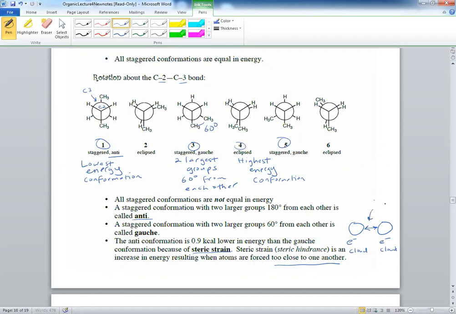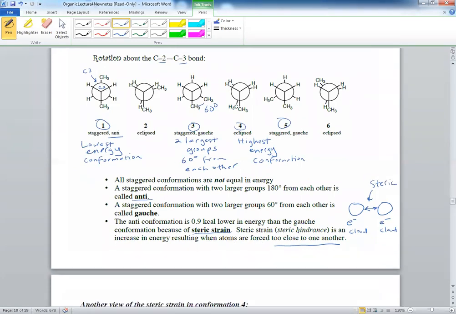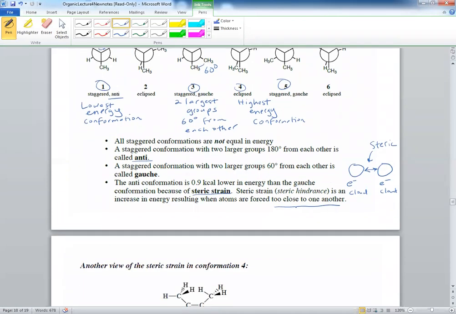This is steric. Now, this language is very important. Steric will be used all the time in this class. Sterically hindered, or steric strain, etc. So that's, again, what's happening in here.